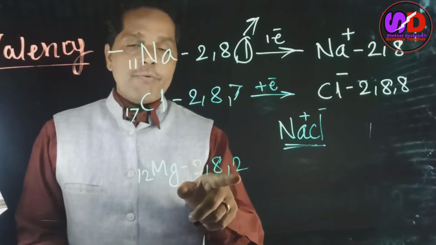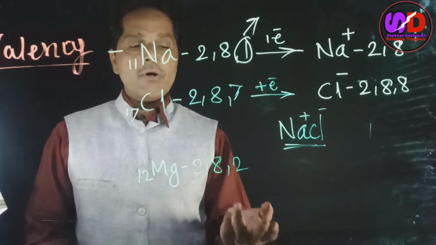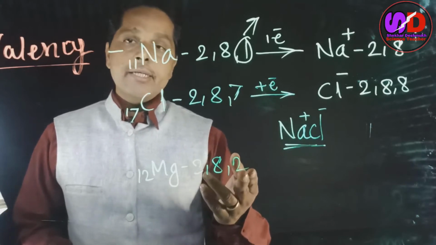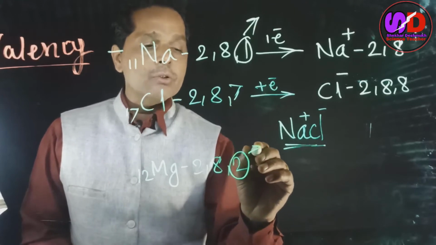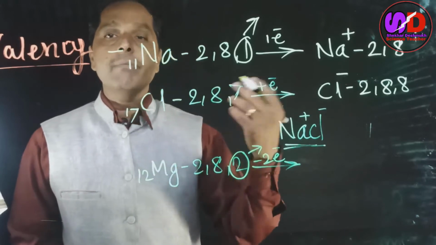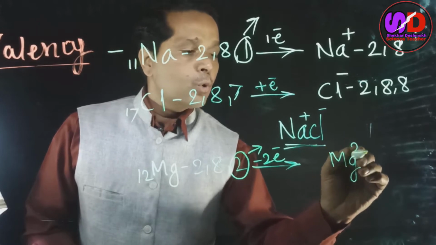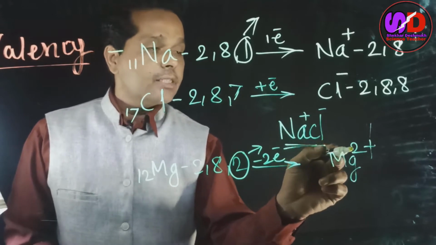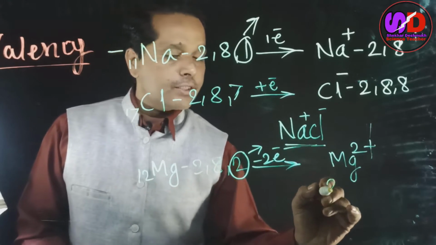So whether it is easy for magnesium to donate 2 electrons or to take 6 electrons, definitely the answer is to give electrons. So magnesium donates these 2 electrons, and Mg2+ is formed. This is also an ion, magnesium ion, but the charge is 2 positive because 2 electrons are given, with electronic configuration 2, 8.